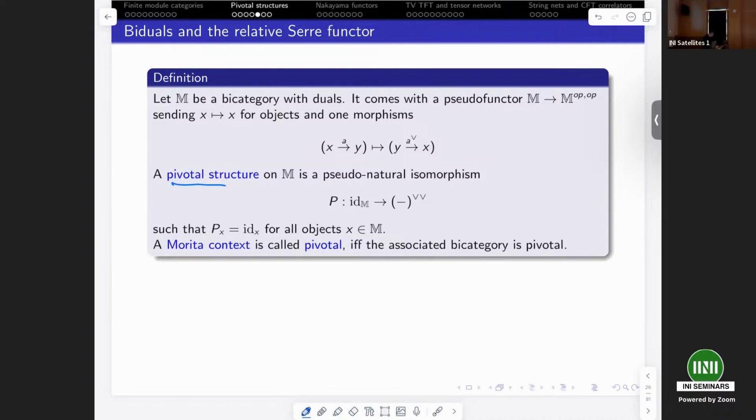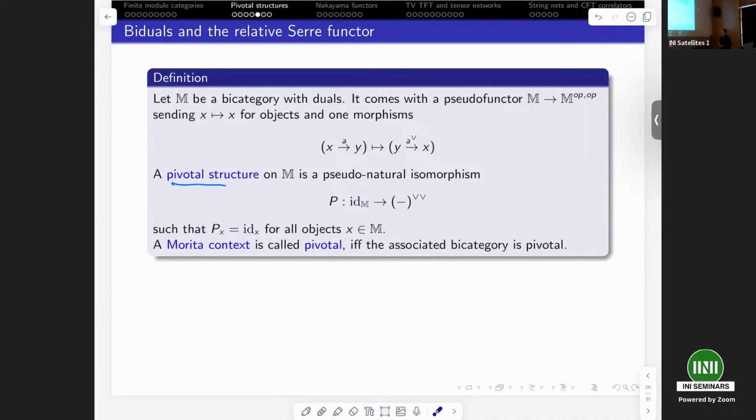This is a trivialization in the following sense: the identity functor and the double dual should have a pseudo-natural isomorphism. And you see that something a bit unnatural happens here. If you think bi-categorically, a pseudo-natural transformation has two components. It maps objects of the bi-category to one-morphisms and one-morphisms to two-morphisms. And we are asking that on objects, it is the identity.